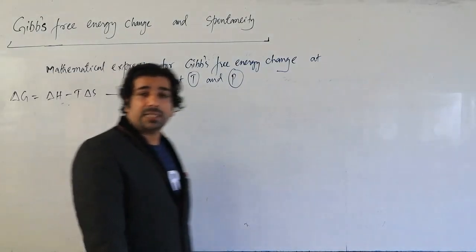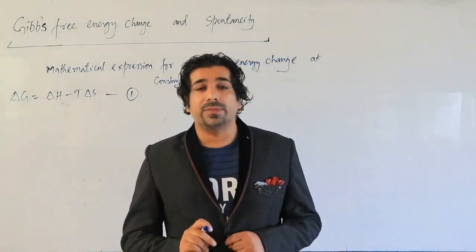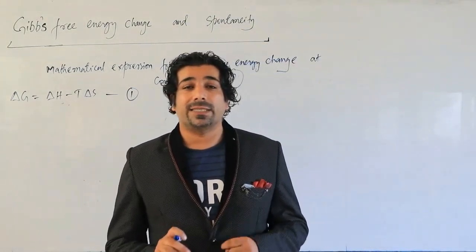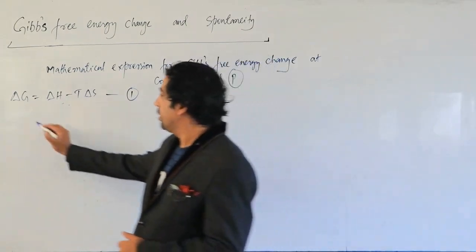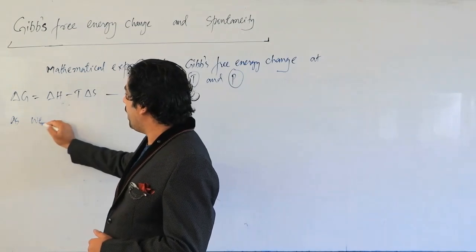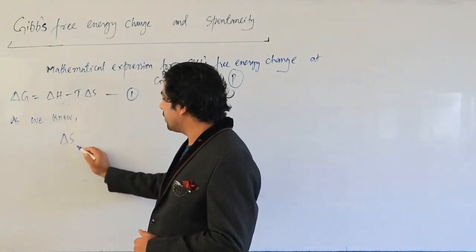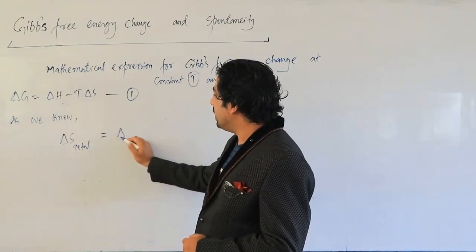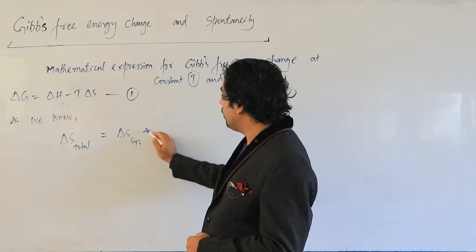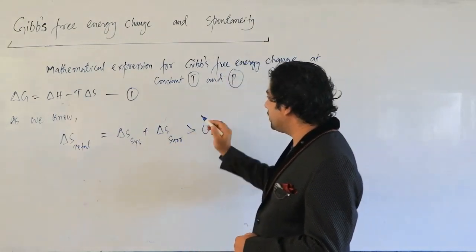In the previous class I told you the spontaneity of a reaction in terms of delta S total, that is delta S universe, my dear friends. As we know, delta S total is equal to delta S system plus delta S surroundings, greater than 0.